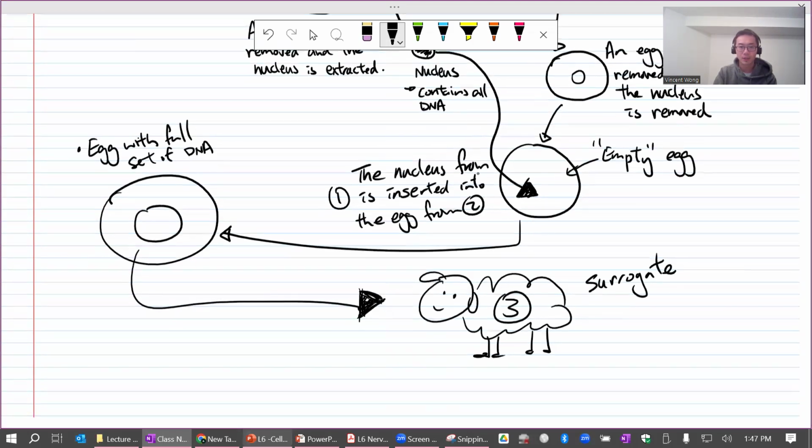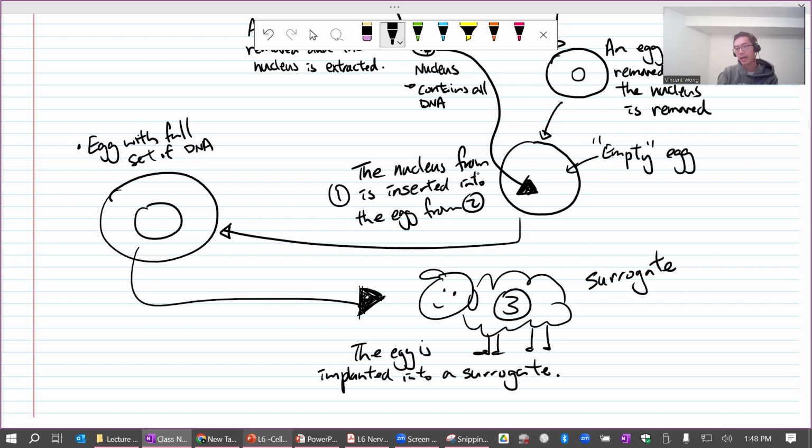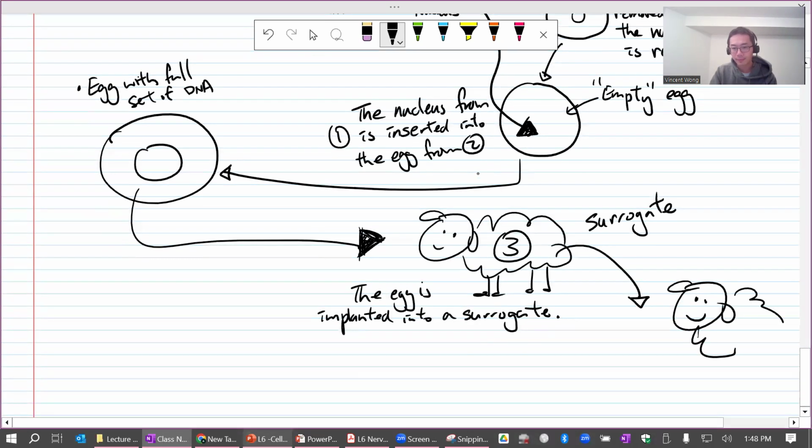Okay, so the egg is implanted into a surrogate. And then later comes Dolly. Okay, so this is Dolly.